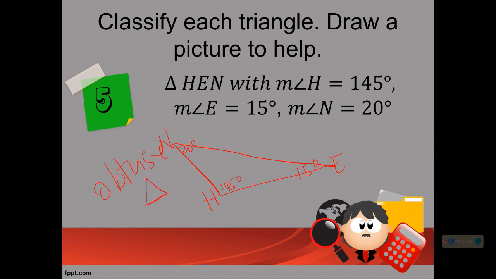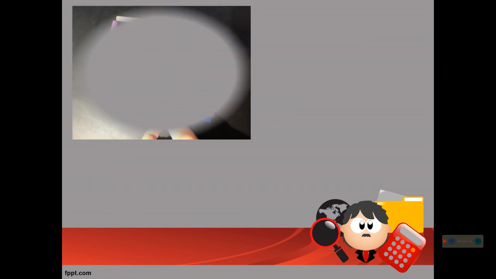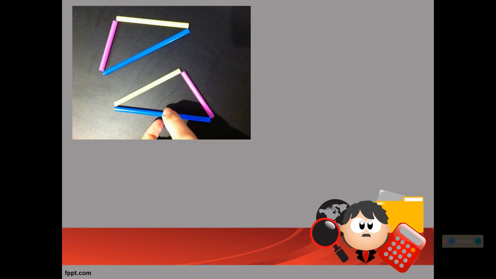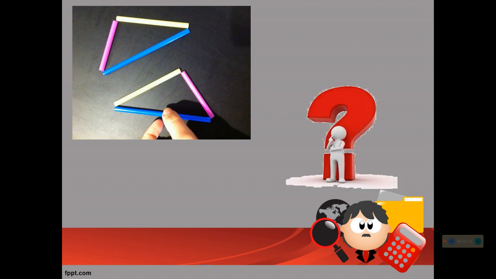It seems that you have familiarized yourself with the types of triangles according to sides and according to angles. So this time, let's have this figure. What can you see in the figure? Yes, they are triangles, of course. How are we going to use this for our discussion?